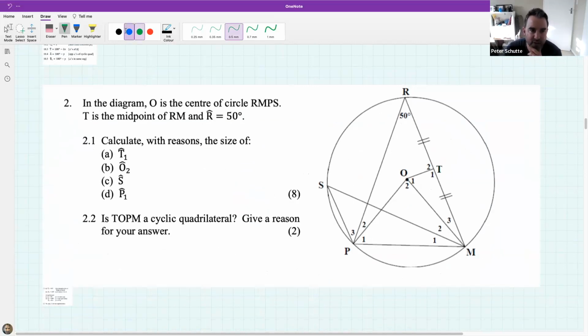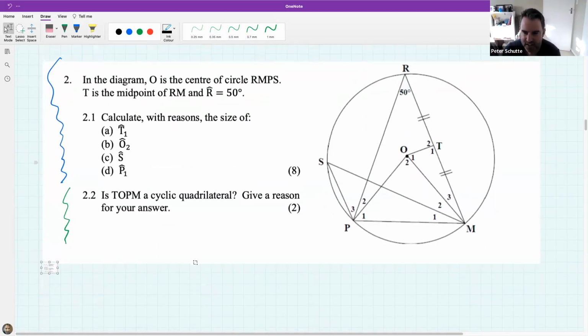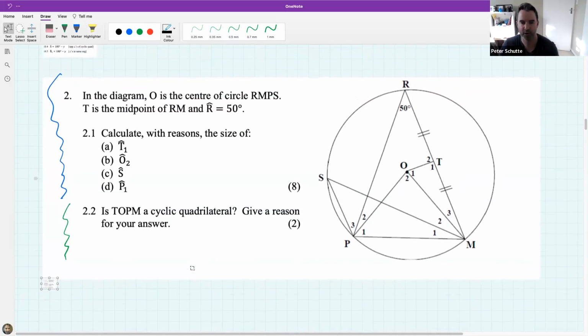If you look at the first part of this question, you're given a circle geometry diagram and you're asked a whole bunch of questions about the angles, which is the types of things we've been doing so far. But then the next part asks you, is TOPM a cyclic quadrilateral? And so that's the new type of question that we're going to be learning about in the second half of the lesson. Okay, so just to set up for after the break, but we've done a solid half an hour.